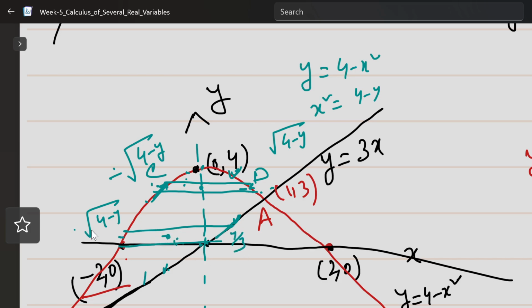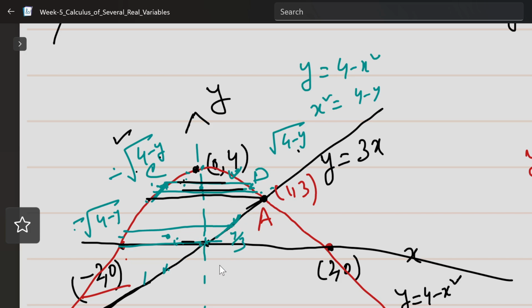For a fixed y, x varies from minus root of 4 minus y to this line, y equals 3x, that means y by 3. But in the upper region, x varies from minus root of 4 minus y to root of 4 minus y. So something is going to happen, right? You have to draw one line here and divide the region into two regions. In the upper region x varies from C to D, but in the lower region x varies from minus root of 4 minus y to y by 3.